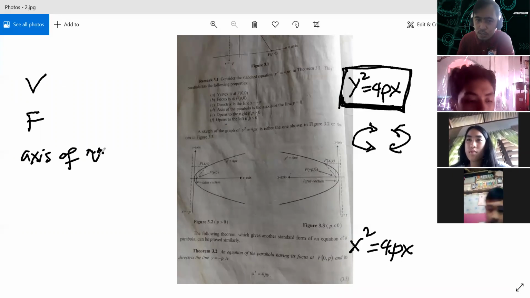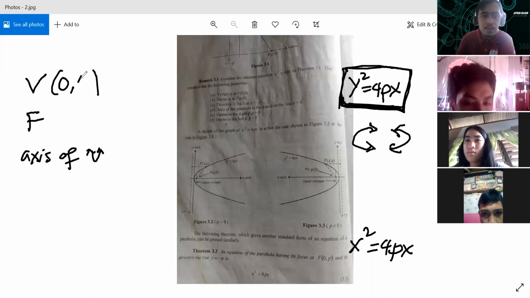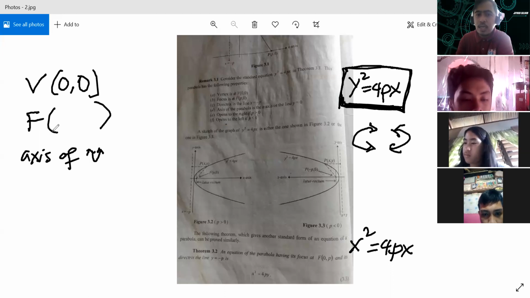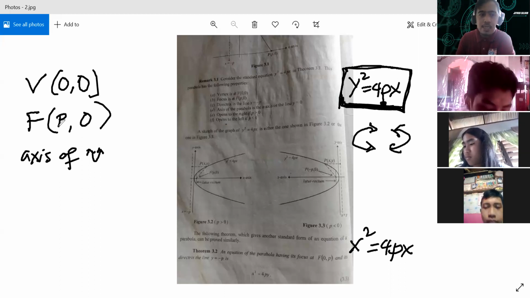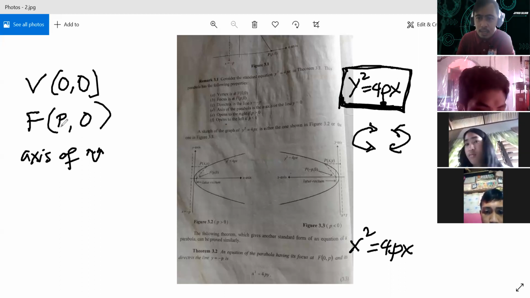It's either opening left, right, so as long as this is parabola, then you will be determining what is the direction of your parabola. So automatic, ang vertex is at 0, 0. Okay? Ang focus class is at P, 0. Kuhaon lang nimo ang value ni P, ibutang din ha, then 0. And this P is either positive or negative.